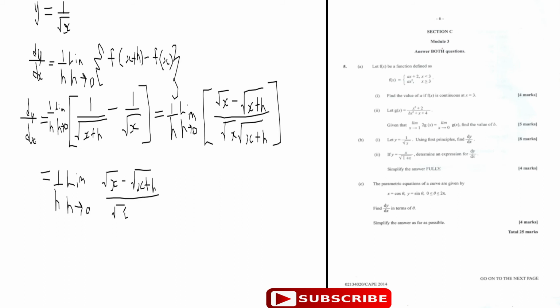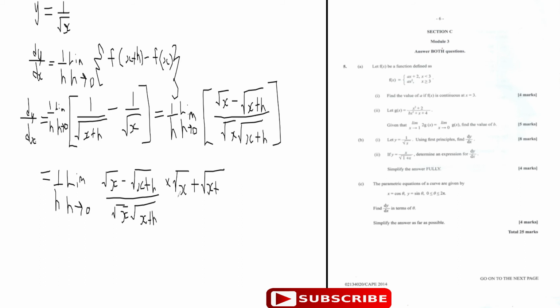times the root of x plus h, and that is multiplied by the root of x plus the root of x plus h. So multiplied by the conjugate.